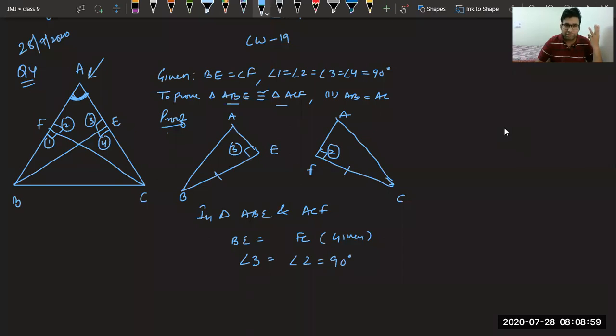And third thing that we have found from our side is angle A equal to angle A, common. Now if you observe, if you start from this angle A, you have witnessed one angle, then while walking you again witnessed the angle in continuation, and then you witness the side. So it is a double AS criteria.